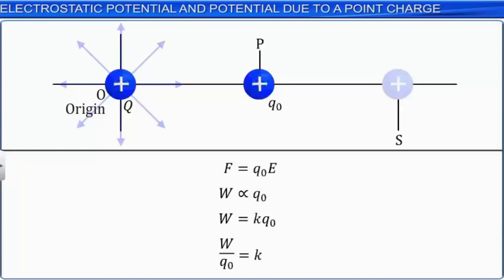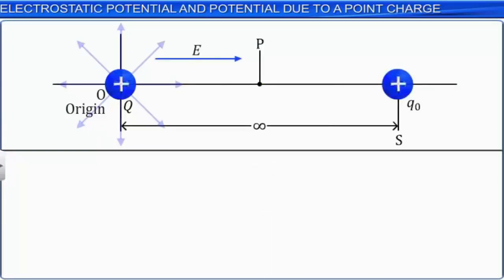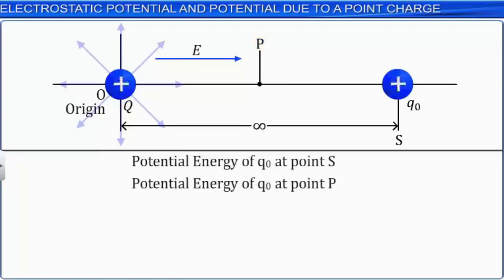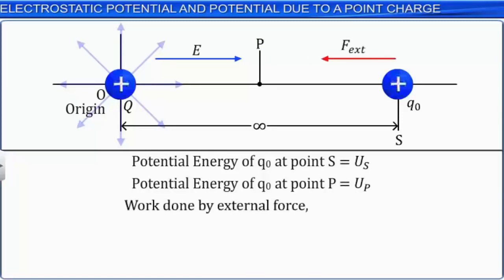Let us consider a point P between the origin and point S. Then, potential energy of the charge Q naught at points S and P is US and UP respectively. We know that the work done by the external force to bring charge Q naught from point S to P is expressed as WSP is equal to delta U, which is equal to UP minus US.